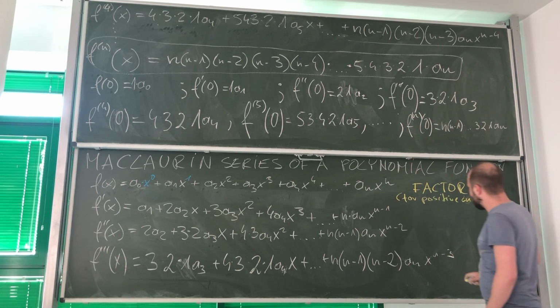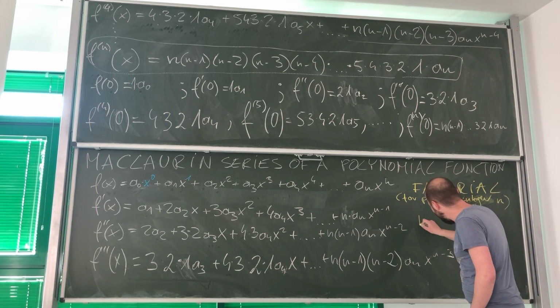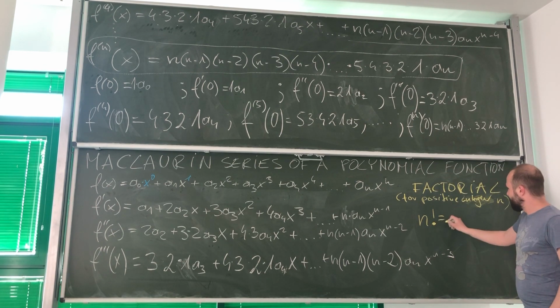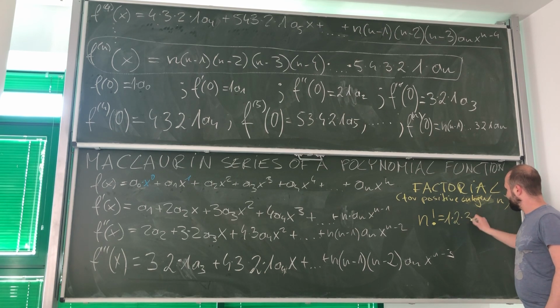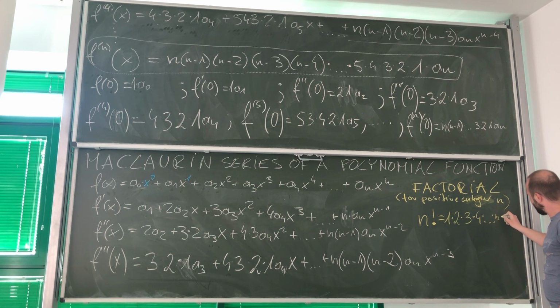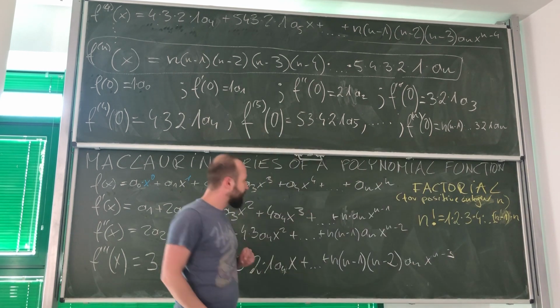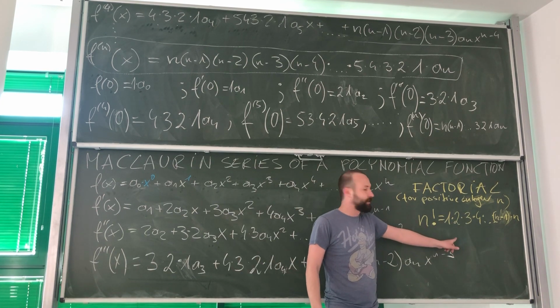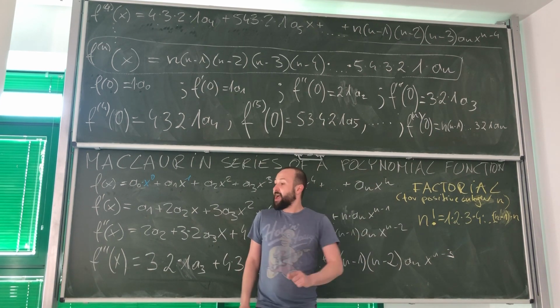And look, we write it as n factorial, and this is equal to 1 times 2 times 3 times 4 times until n minus 1, n minus 1 times n. So look, factorial. So the exclamation mark after the number is telling you that you need to multiply every consecutive number right until this number.